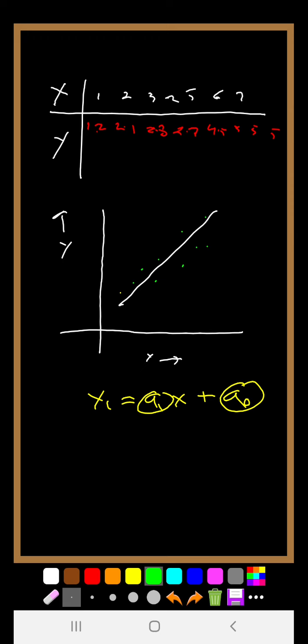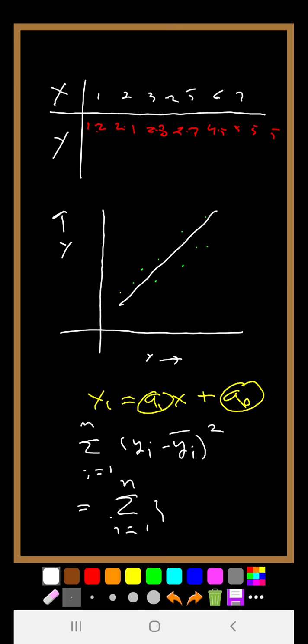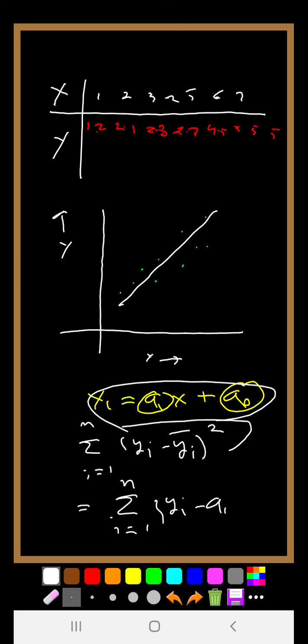In the first case, if we take the values of y, we have summation i = 1 to n of (yi - yi bar) whole square, which is equal to summation of (yi - (a1 xi + a0)) whole square.